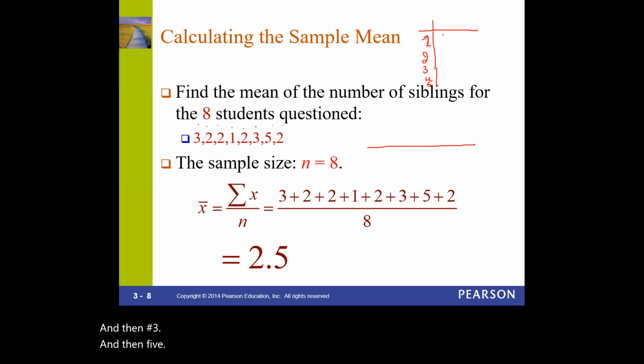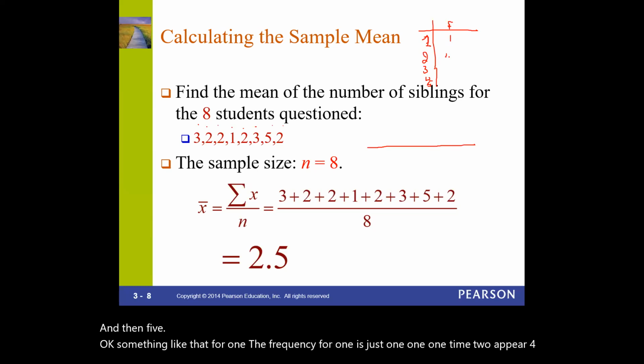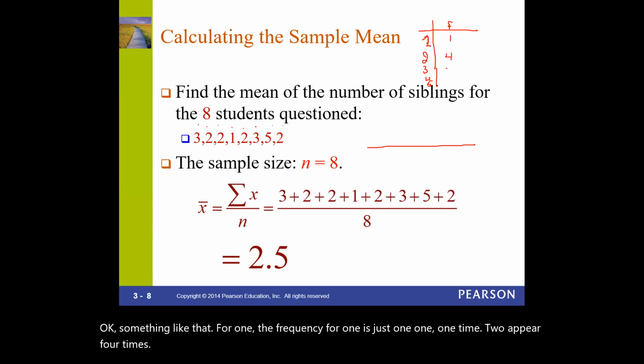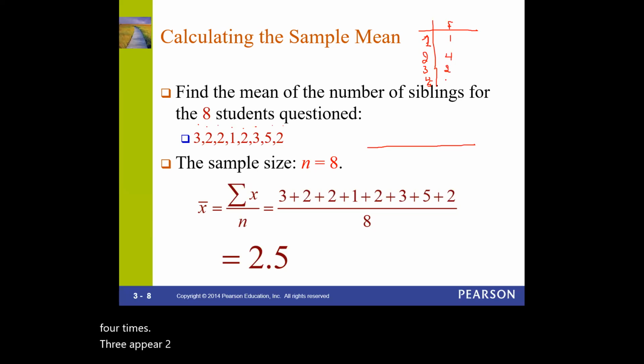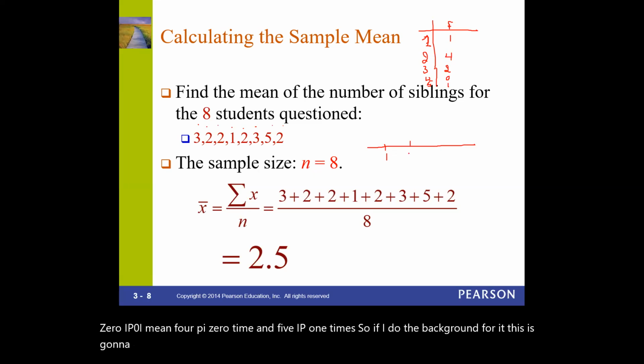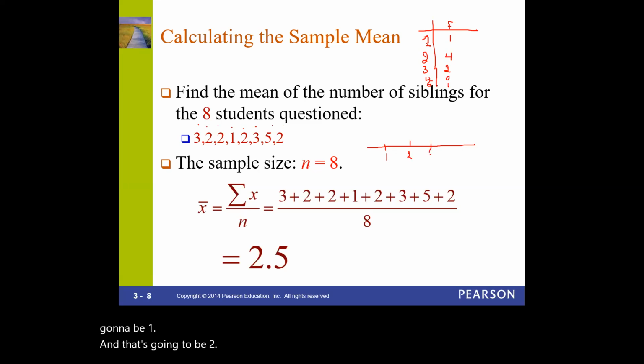For 1, the frequency is just 1. 1 appears 1 time. 2 appears 4 times. 3 appears 2 times. 4 appears 0 times, and 5 appears 1 time. So if I do the bar graph for it, this is going to be 1, that's going to be 2, 3, 4, 5.